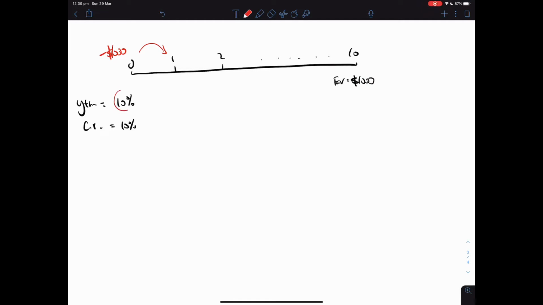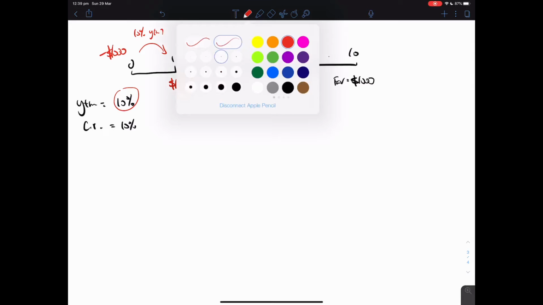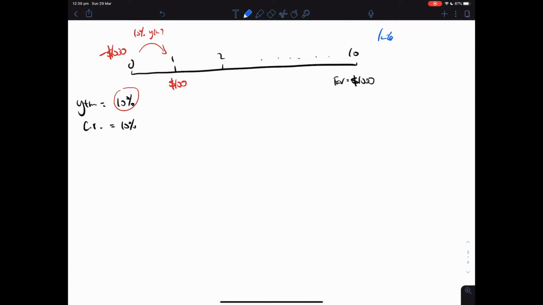Given the yield to maturity is 10%, that means you want $100 back. Considering this is an interest-only loan, every period they just pay back the interest first. So they now pay back $100, and you're happy.